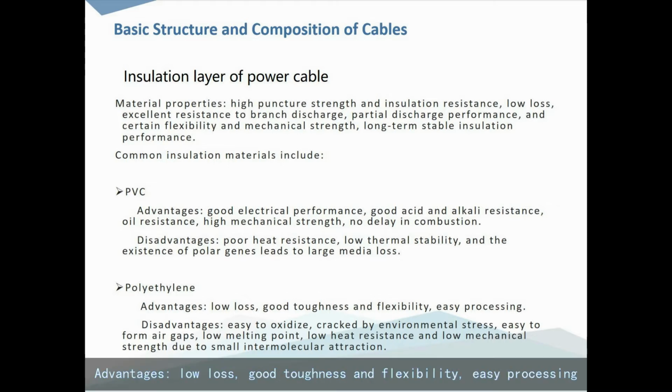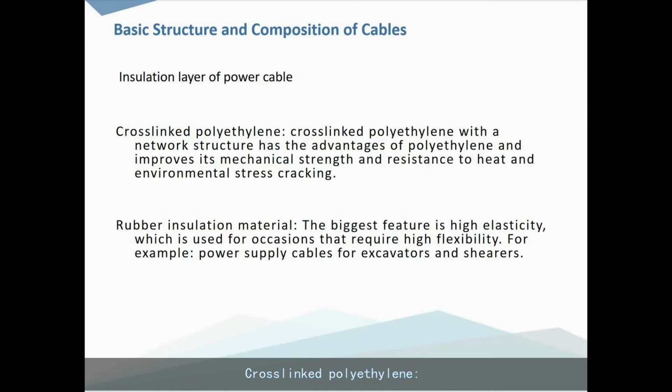Polyethylene. Advantages: low loss, good toughness and flexibility, easy processing. Disadvantages: easy to oxidize, cracked by environmental stress, easy to form air gaps, low melting point, low heat resistance, and low mechanical strength, due to small intermolecular attraction. Cross-linked polyethylene.